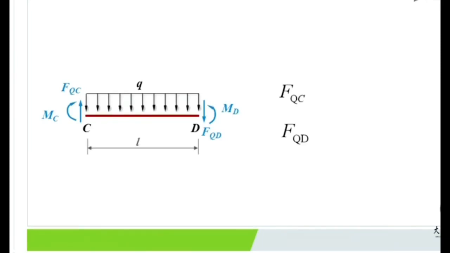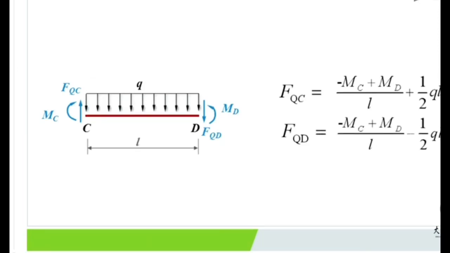Then we could solve that FQC is equal to negative (MC plus MD) over L plus half of qL. According to sigma Fy equal to 0, we could solve that FQD is equal to negative (MC plus MD) over L minus half of qL.